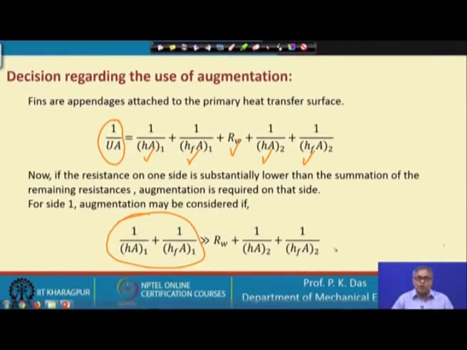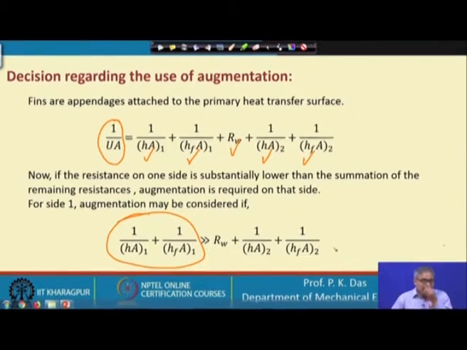Sometimes we provide small fins etcetera for enhancing the rate of heat transfer or the coefficient of heat transfer. But if it is gas liquid, then in almost 100% of cases the decision is taken to enhance the rate of heat transfer on the gas side by providing fins.